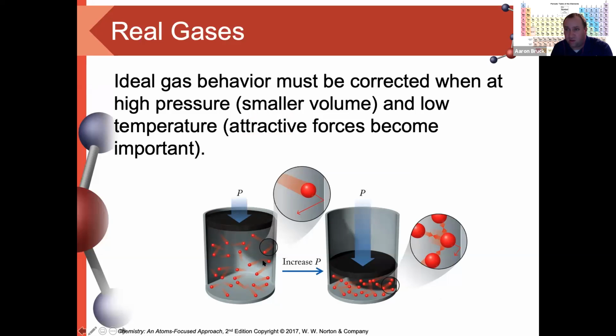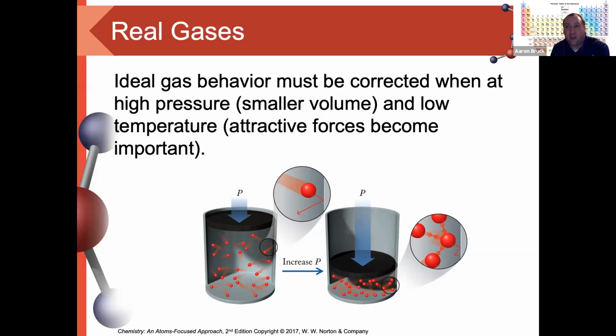The gas molecules don't become attracted to each other. And what we'll see is that when we're at higher pressure and lower temperature values, those ideas are not necessarily true. So if I decrease the volume and thereby increase the pressure, the more I decrease the volume, the more significant those molecular sizes are actually going to be.